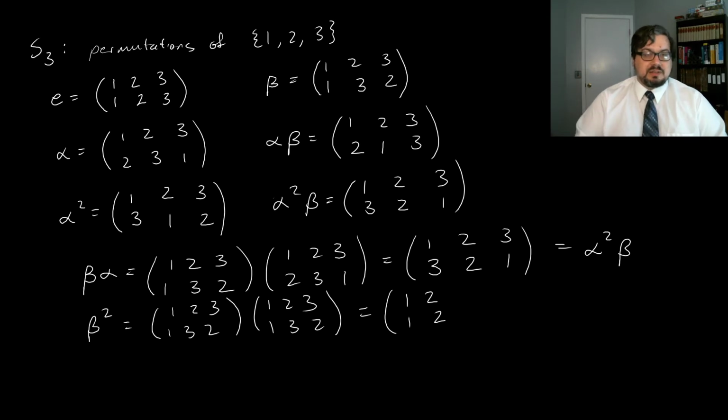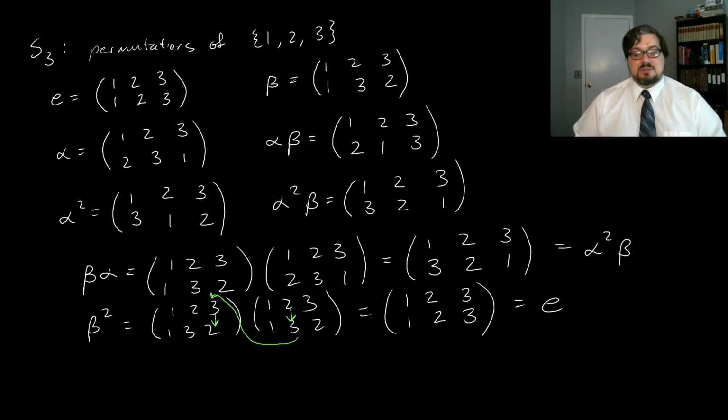So we get that 2 goes to 3, and then 3 goes to 2. And then for the last one, the right-hand beta sends 3 to 2, and then the left-hand beta sends 2 to 3. So we in fact get the identity out of it. Beta squared is the identity.